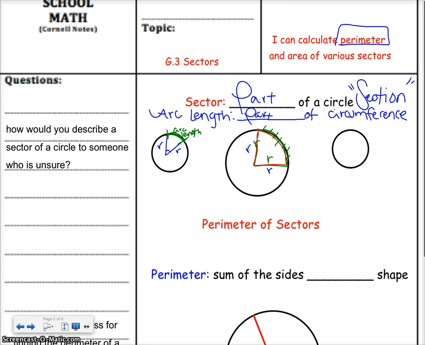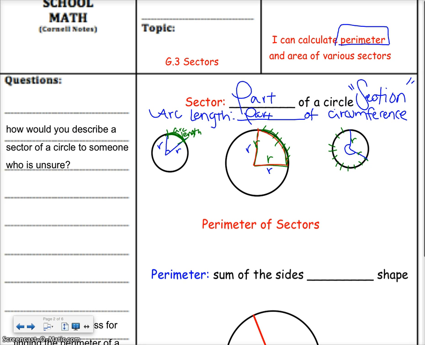Sometimes people think that arc lengths are always the smaller measure, but you could have an arc length that's bigger than 180 degrees. And that's a-okay. Wherever your radius is, you have to follow the pattern of that central angle, and your arc length goes to the other radius.